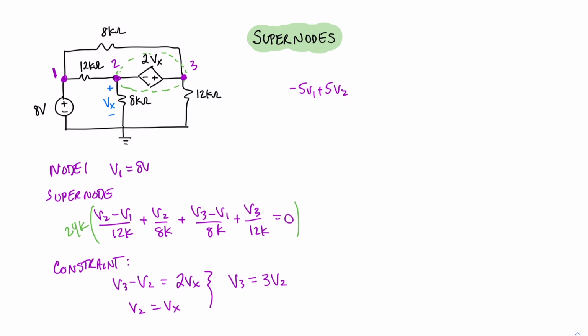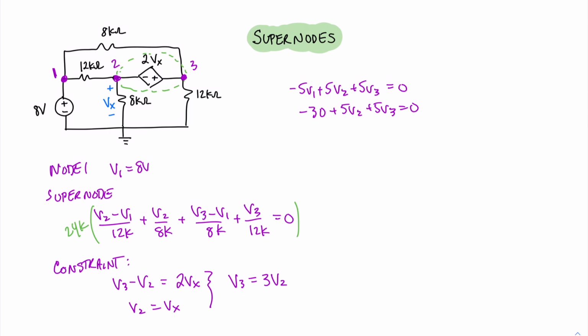And then for our V3s, we have 3 V3s right here and 2 more V3s right there, so we have plus 5 V3. And all of that must equal 0. Plugging in our value of V1, we can write minus 40 plus 5V2 plus 5V3 equals 0.